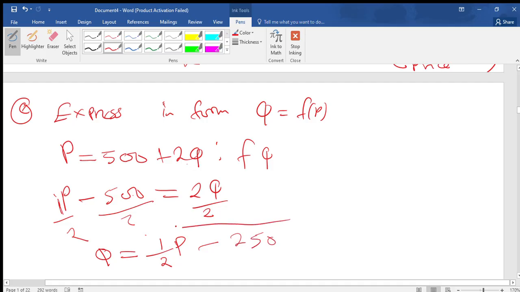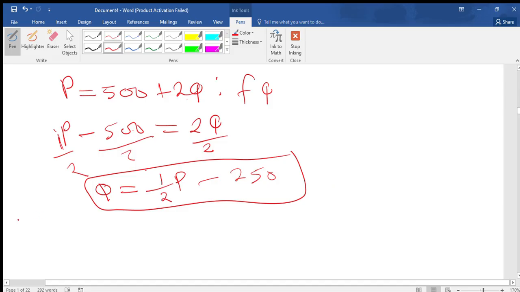This is the function we have when Q is the subject, and this function is in the form of F of P. This is what we have been taught.